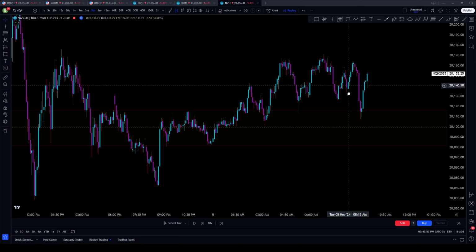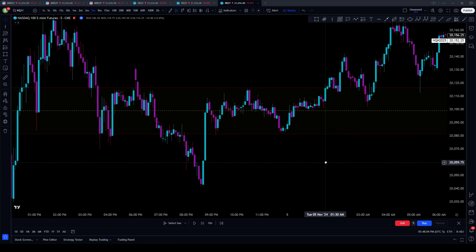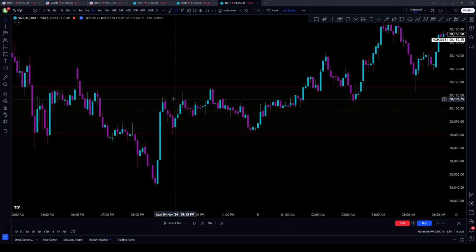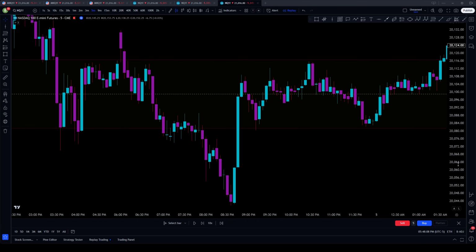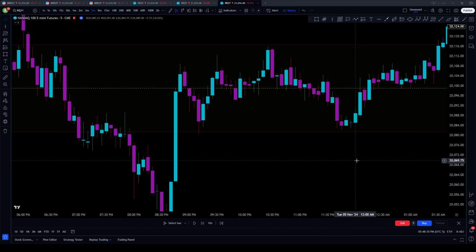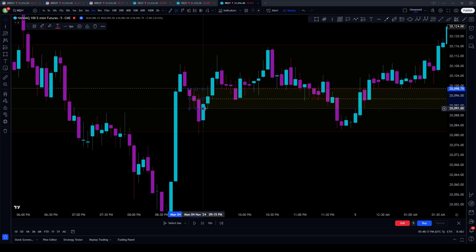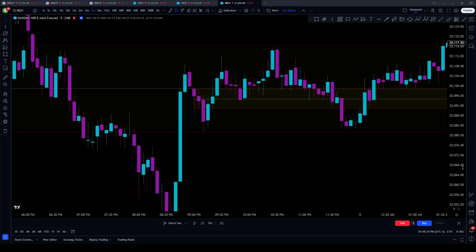This isn't contraction. I mean, it is, but it's not tight. This is tight right here, right? So let's look in here from the start of it. Where did it start? We'll start over here somewhere. And where do we get a lower high and a higher low? Well, we get one right here. So here is our smaller time frame contraction expansion line right here.